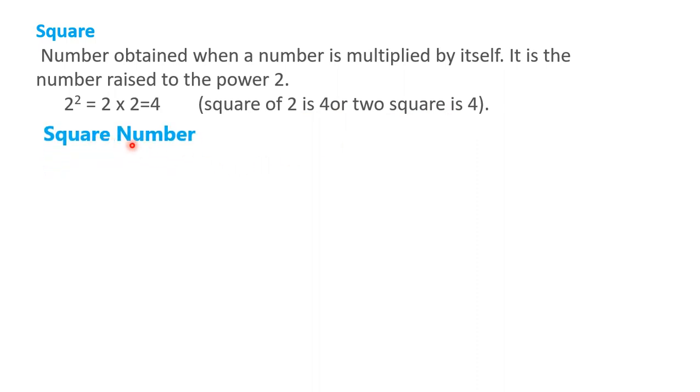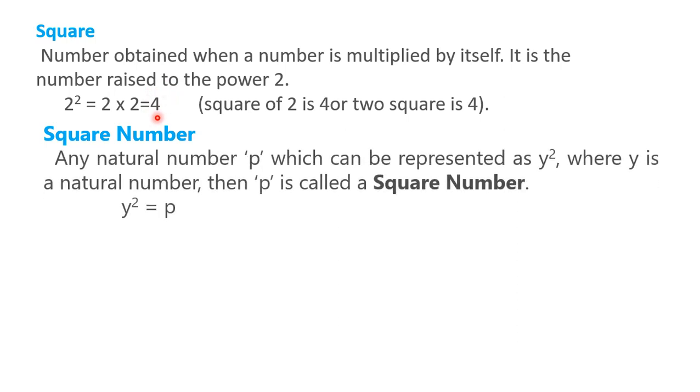Now what is the meaning of a square number? In the above example, when we write 2 into 2 is equal to 4, this 4, the product of the same number, is known as a square number. So in the general form, any natural number which can be represented as y square, where y is a natural number, then p is known as a square number.